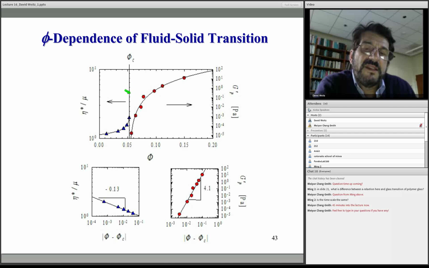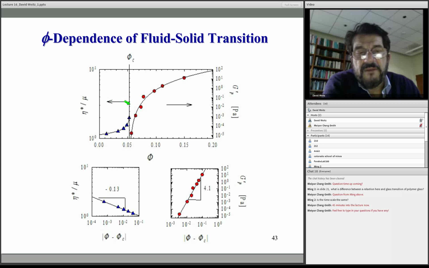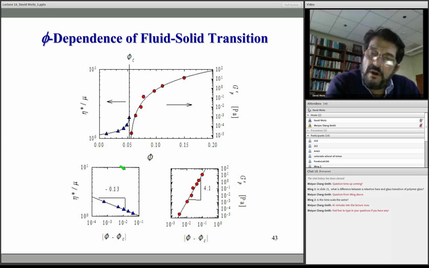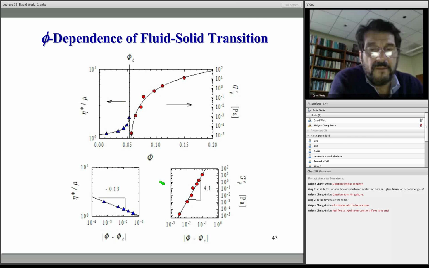This is how much excess volume fraction I have compared to the volume fraction that's required for the sample to begin to become solid-like. And I see that I have this scaling behavior.